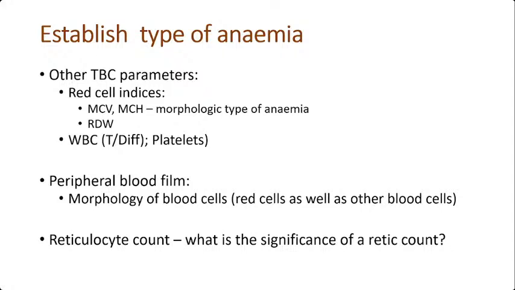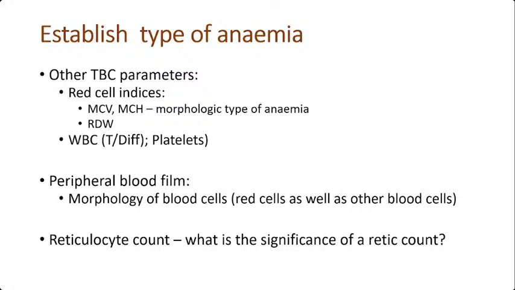The peripheral blood film is a test where we look at the morphology of the blood cells. So we will look at the morphology of the red cells as well as the other blood cells. This is an important step because when we correlate the blood counts to the morphology, it'll give us a more complete picture.